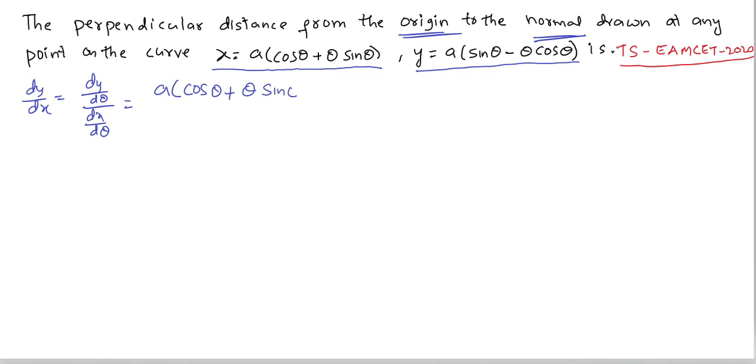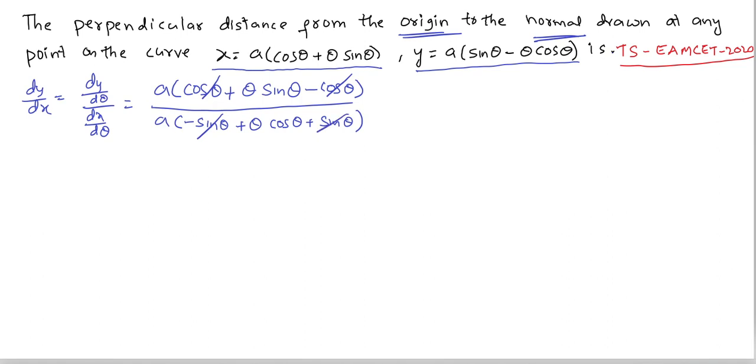It is a into (cos theta minus cos theta plus theta sin theta), and dx by d theta is a into (minus sin theta plus sin theta plus theta cos theta).